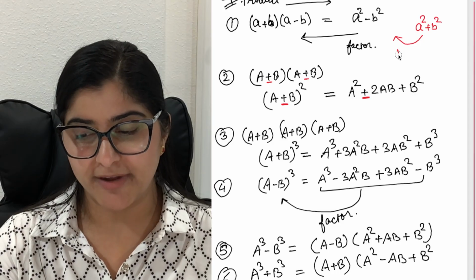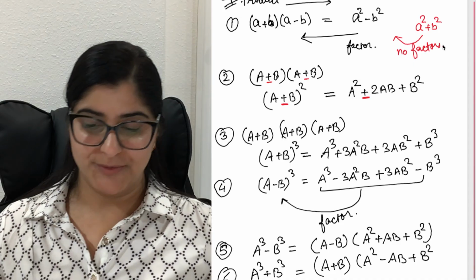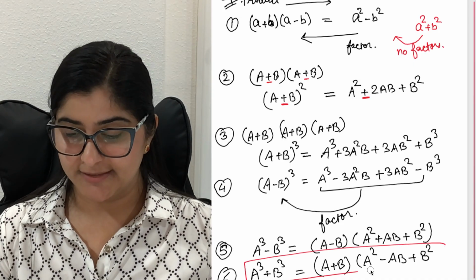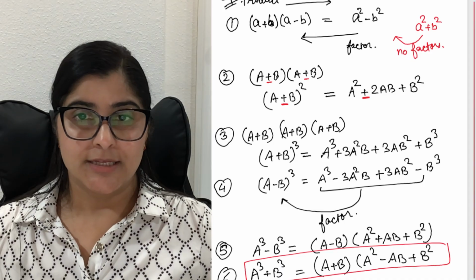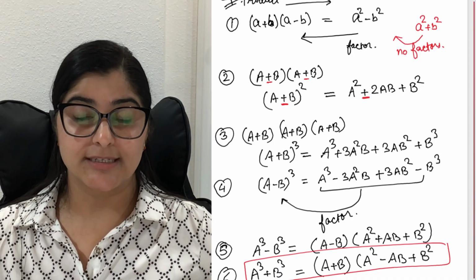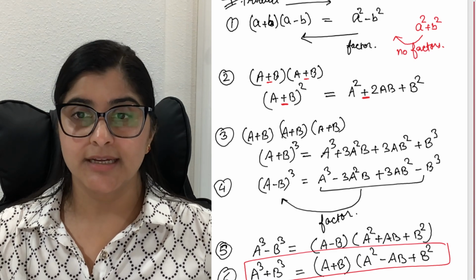So we don't have factors for the sum of 2 squares, but the sum of 2 cubes has factoring. So these are the special product and factoring methods that we can use sometimes to do the factoring.